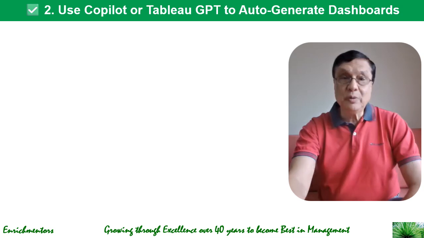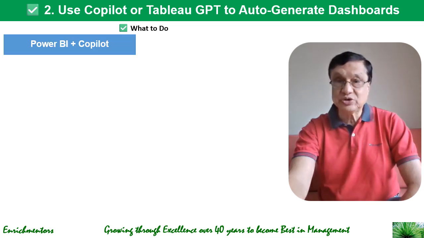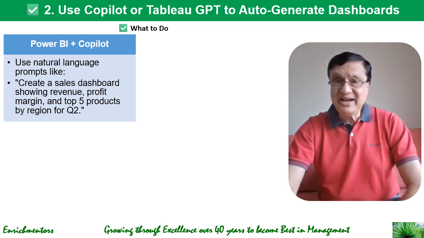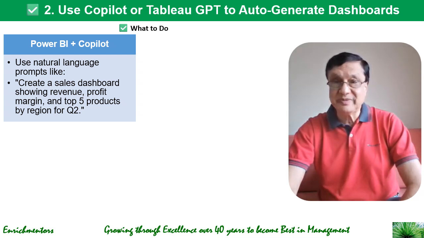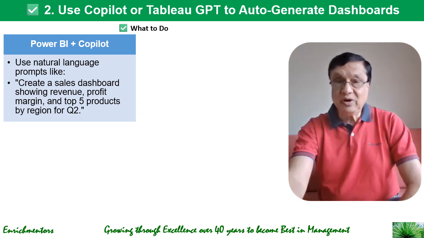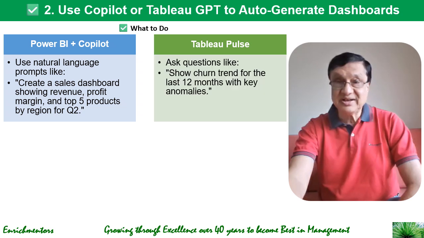Then you can use Copilot or Tableau GPT to auto-generate dashboards. And there, what you need to do is for Power BI and Copilot, use natural language prompts like create a sales dashboard showing revenue, profit margin, and top five products by region for Q2. As simple as that. And for Tableau Pulse, you could simply ask questions like show churn trends for the last 12 months with key anomalies.